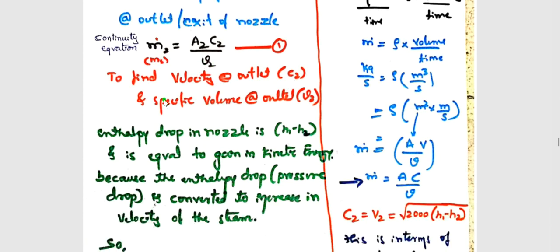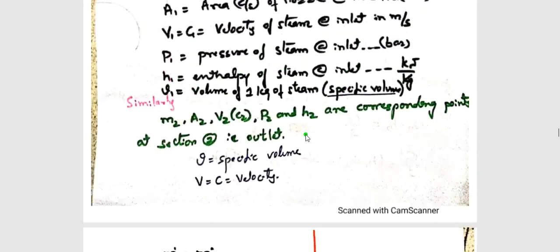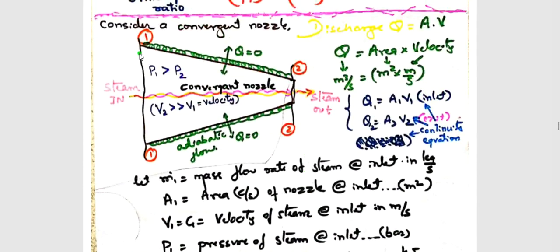So next point, very important point here. So enthalpy drop in nozzle is h1 minus h2. Dear students, so I will go back to the diagram. This is h1 at inlet, h2 outlet. So h1 is the enthalpy at inlet, h1 minus h2.